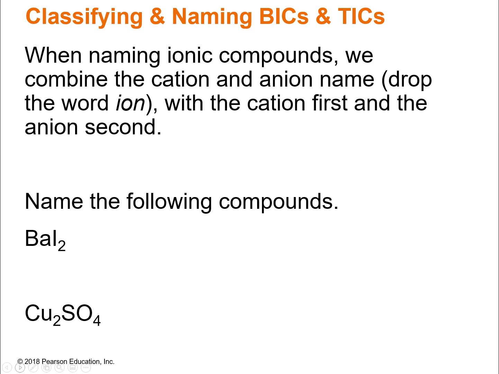We've got classifying and naming binary ionic compounds and ternary ionic compounds. Same rules for these. When you're naming any ionic compound, you're going to take the cation name and the anion name, drop the word ion, and smush them together.